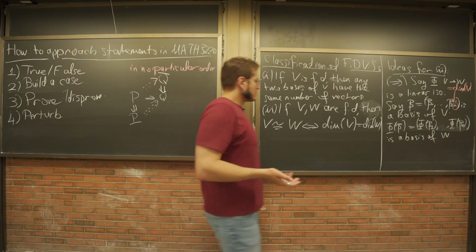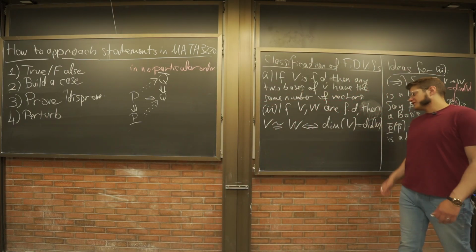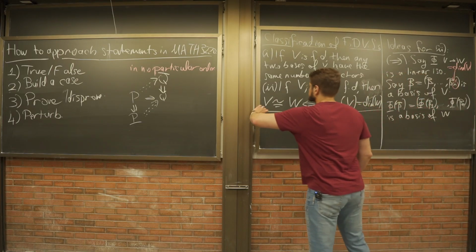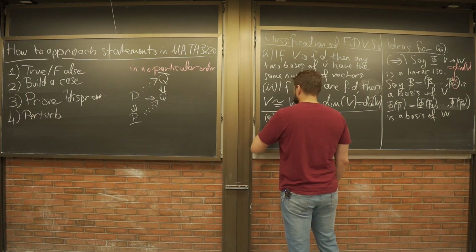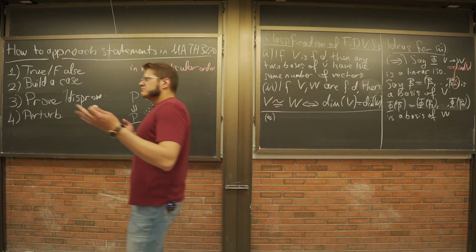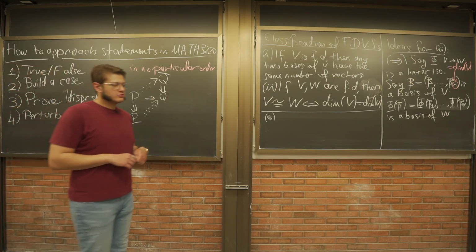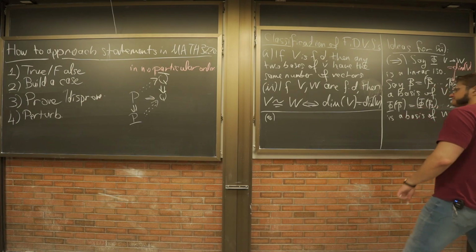Okay. How about the backwards direction? Well, if I have two vector spaces with the same dimension, that means that I have one basis, beta, for V, and another basis, gamma, for W, and they have to contain the same number of vectors.